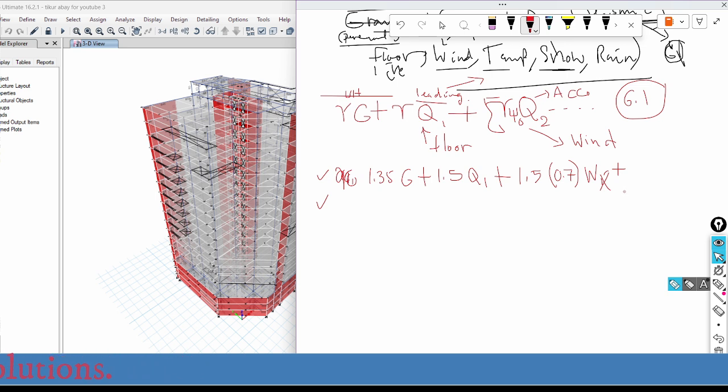We can say it as the x positive direction, and also 1.35 permanent load plus. Now in the first equation, the floor live load is the leading variable load, but in the second equation, this will be the accompanying one.